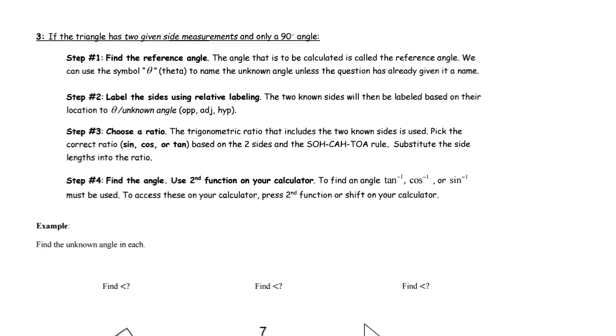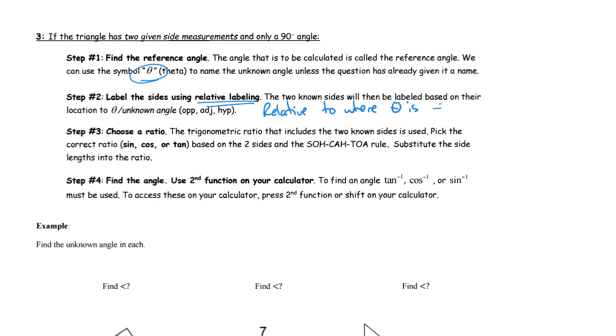You know that. We usually use theta to represent that, unless they've given it another name. If they've already called it X, or angle A or whatever, we'll leave it. But if they don't, we're going to call it theta. We're going to label the sides using relative labeling, which remember means relative to where theta is.